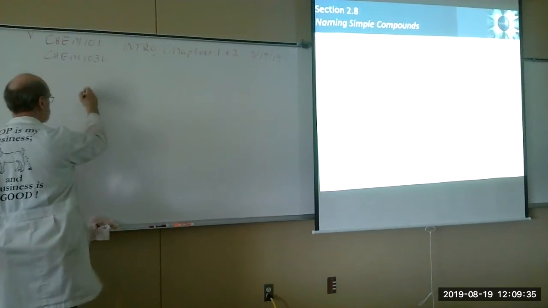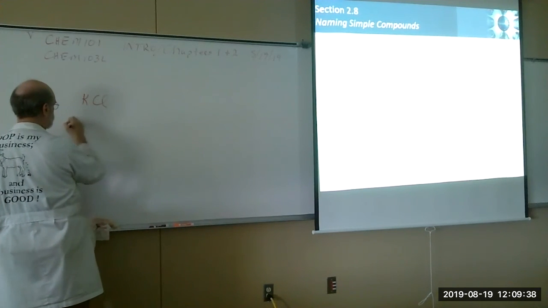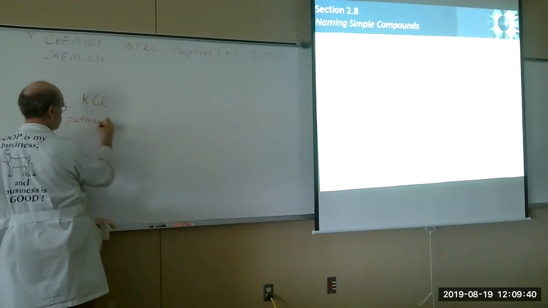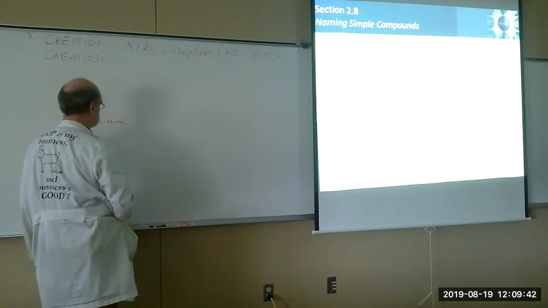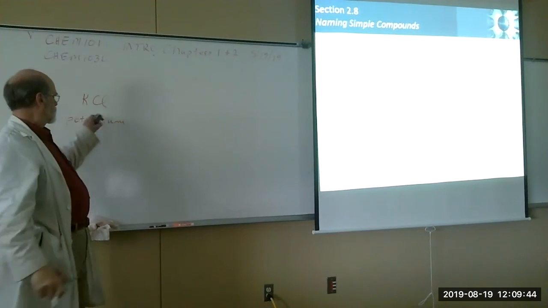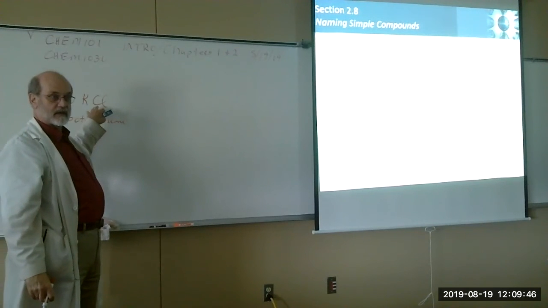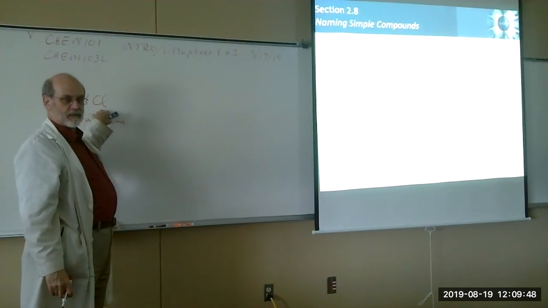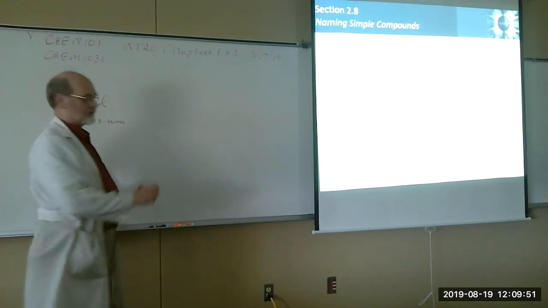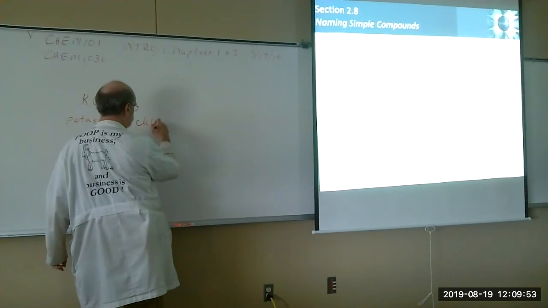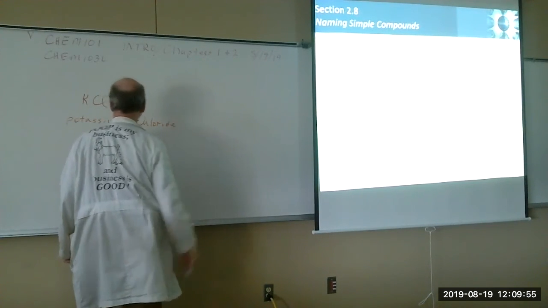So KCl would be potassium. And then the second one, the anion, you take the name and change the ending to "ide."